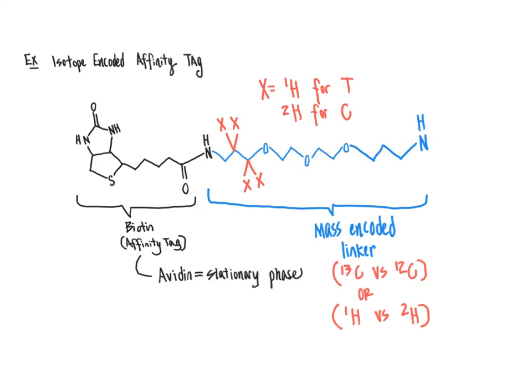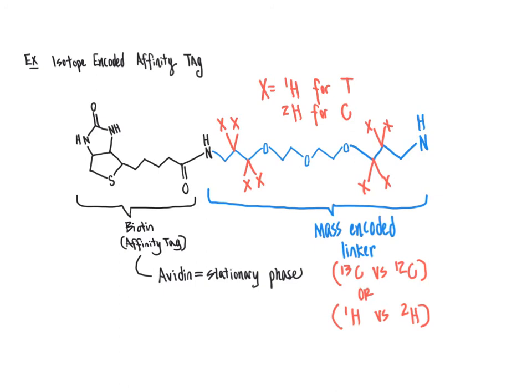And then we could do similarly over here at this position, putting in these X atoms. And so as a result, you will notice that there are a grand total of 8 X atoms in here, where X is equal to hydrogen 1 for a treatment, hydrogen 2 for a control.